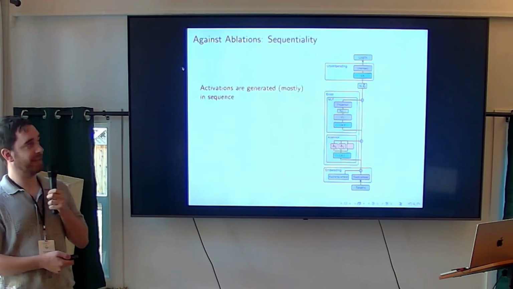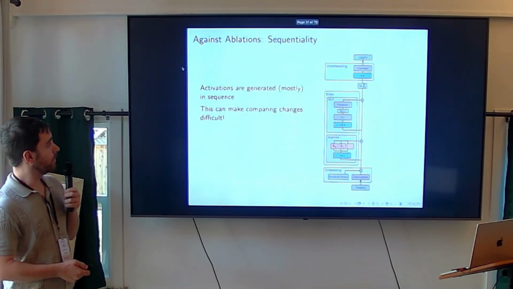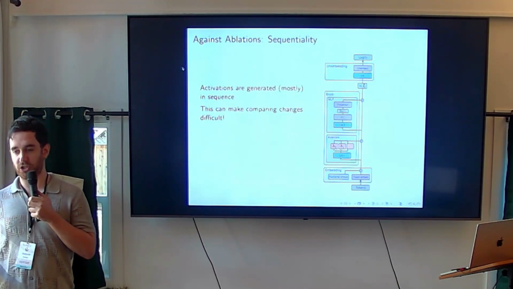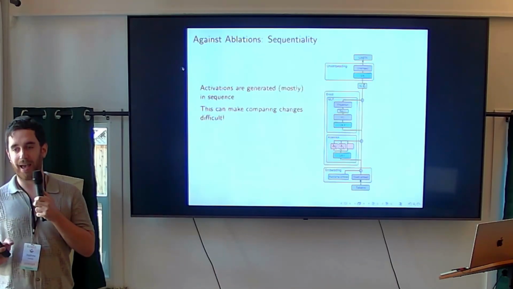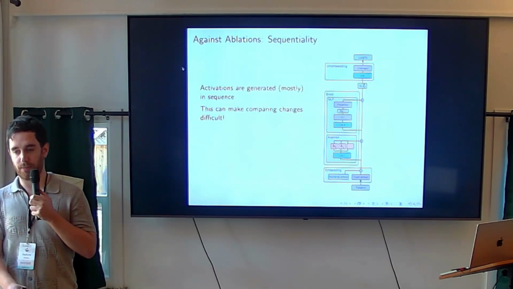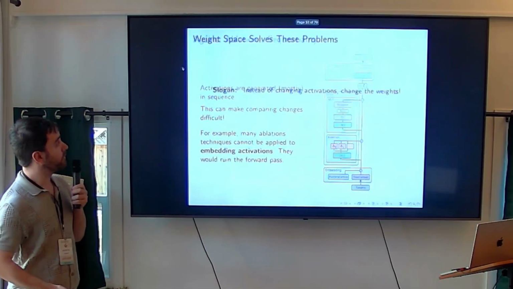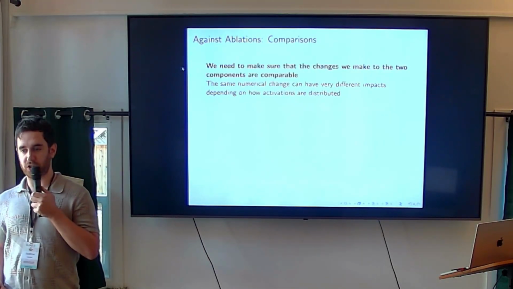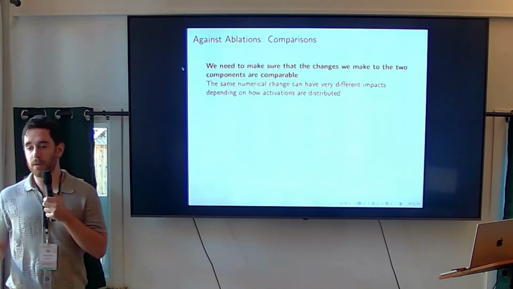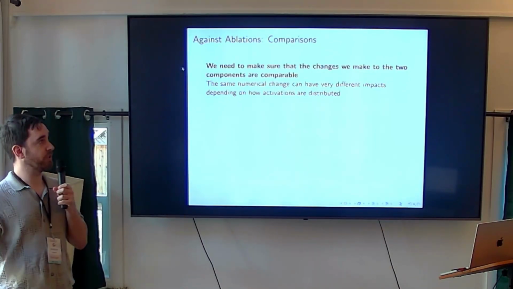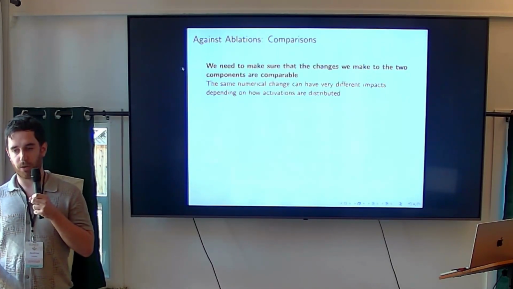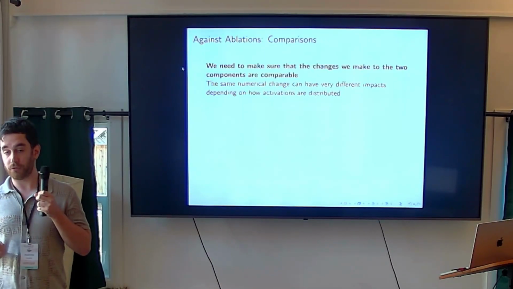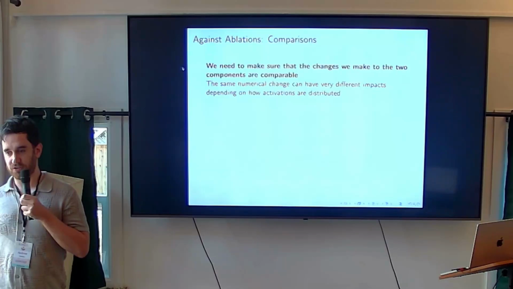And then I wanted to say that modifying the weights first doesn't have an issue with sequentiality, because I can make a small change to the embedding matrix and not have to worry about ruining the entire rest of the model. And using the localized Gibbs posterior also doesn't suffer from this issue of comparison, because that distribution is sensitive to which things need big changes and which ones need small ones. The point was that among ablation methods that I'm aware of, nothing survives both tests.